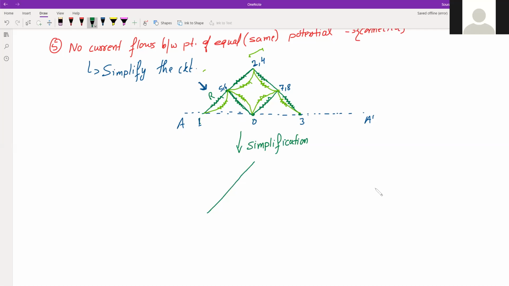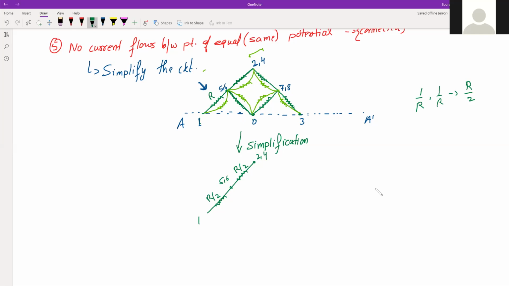So between point 1 and 5 or 6, the resistor is R by 2, right? Then again between 5, 6 and 2, 4, this is the point 2, 4, the resistance is again R by 2, because 1 by R and 1 by R will give you R by 2. Equivalent resistance will be R by 2.